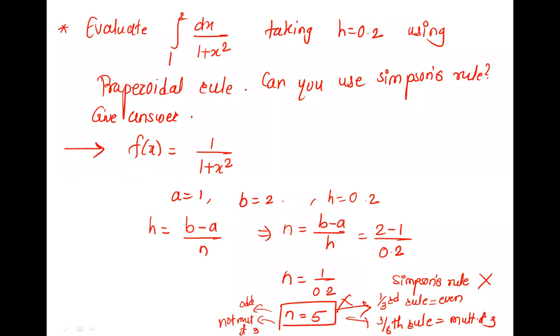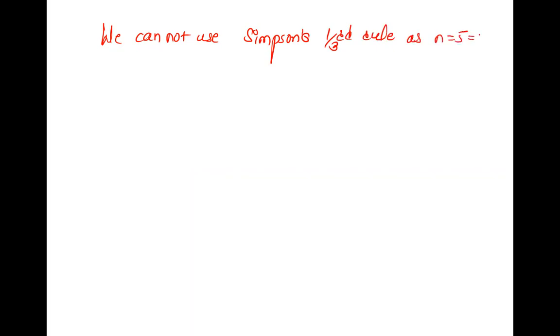Write that reasoning. We cannot use Simpson's 1/3 rule as n is 5, which is not even.